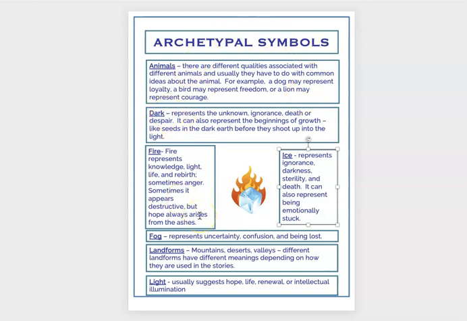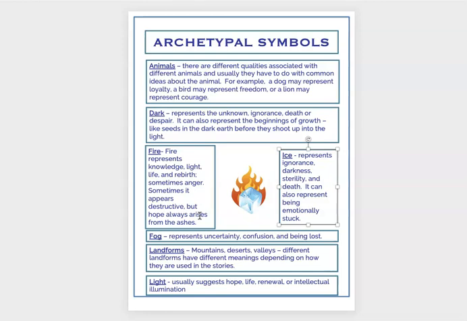Fire, again, has two sides. It can be knowledge, light, warmth, rebirth, but it can also be angry. It can be destructive. So it just depends on how it is being used. Ice: ignorance, darkness, sterility, death, and being emotionally stuck.